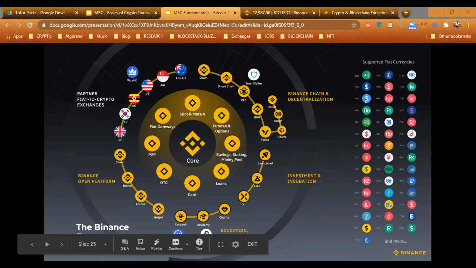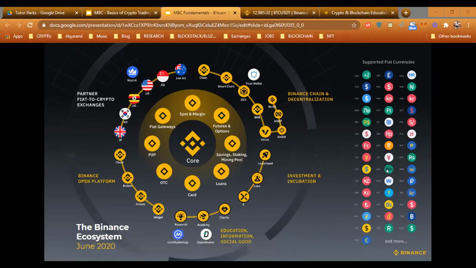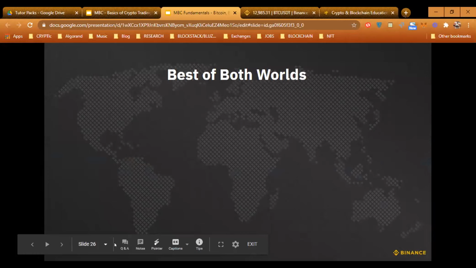So in the meantime, if you haven't registered to get the Binance account, you can do so now. Let me do that here.